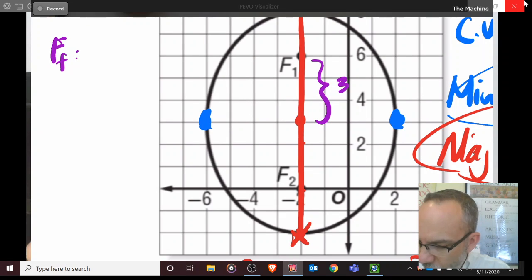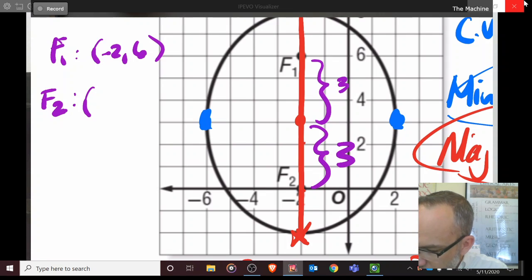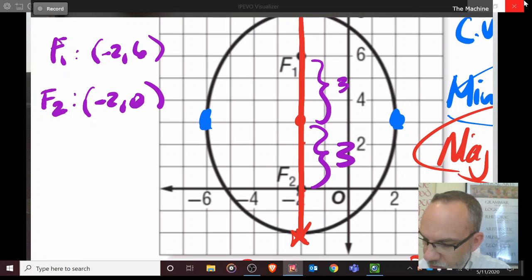Focus 1 is the point with the x value of negative 2, and it's going to go up 3 units from the center, which is going to be 6. And the other one, F2, I just realized I did a double F, that should be a 1. Focus 2 is going to be down 3 units. So that's going to be negative 2, 0. Okay, so there we go.